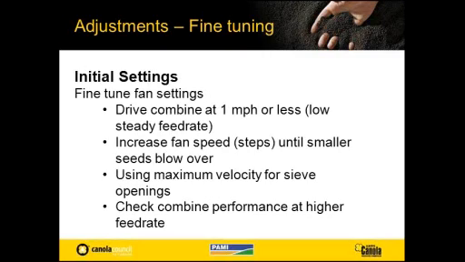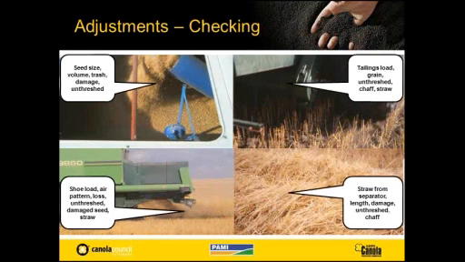What's happened as you keep doing this is that you've added enough air velocity that it's going to help move those seeds all the way to the back end. And once you get there, then you're ready to start moving the combine speed up to a more normal speed and start checking to see what the performance looks like.